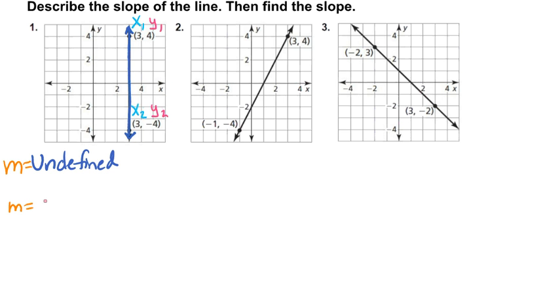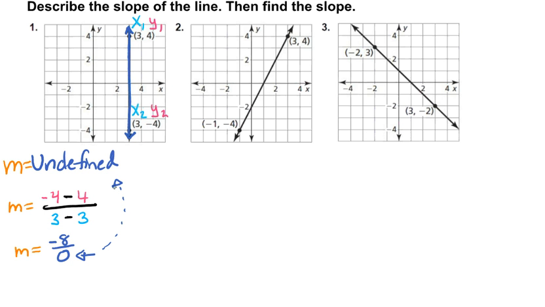So we'll take our y2, and we'll subtract our y1, and divide that by our x2, which is 3, minus our x1, which is 3. And when we calculate that, that's going to tell us that m equaled negative 8 over 0. And remember, we said you can't have a 0 in the denominator, which is why it's undefined.